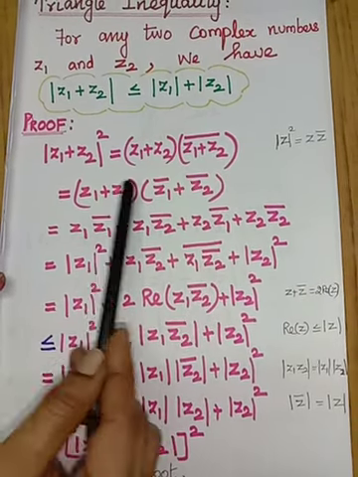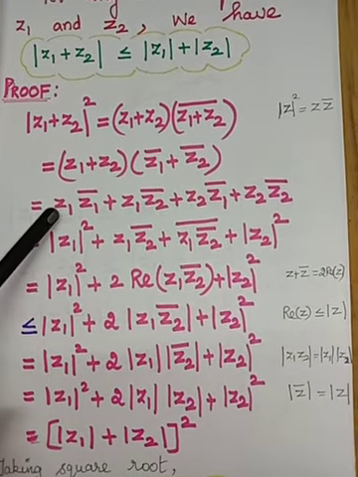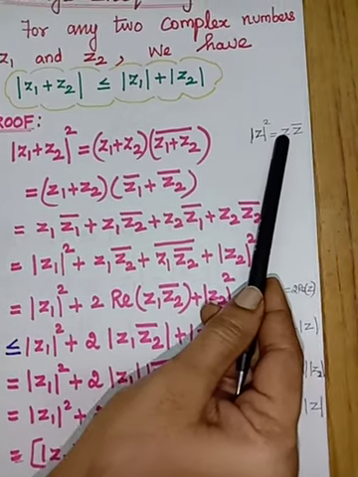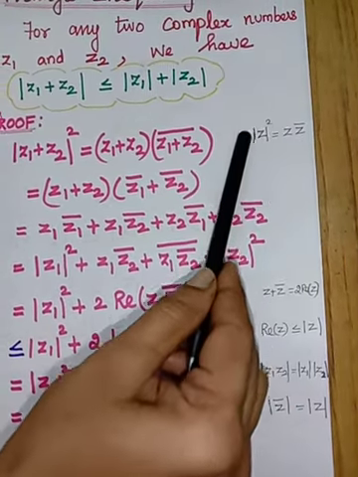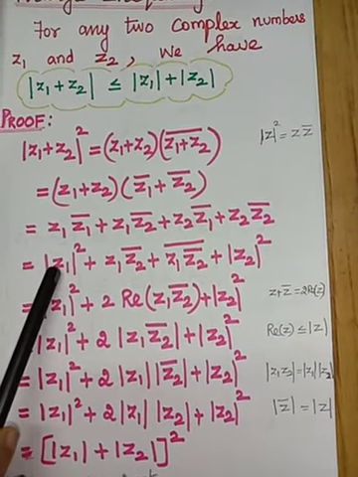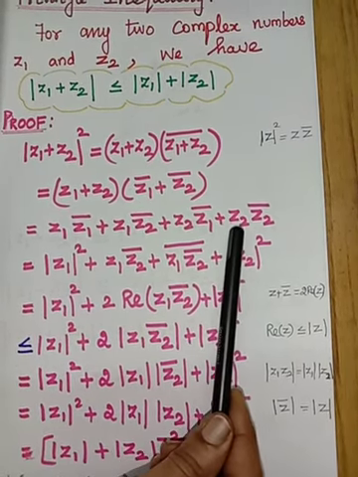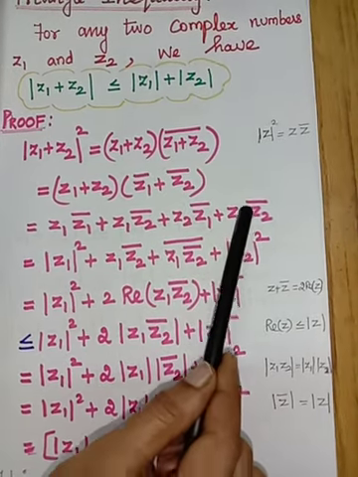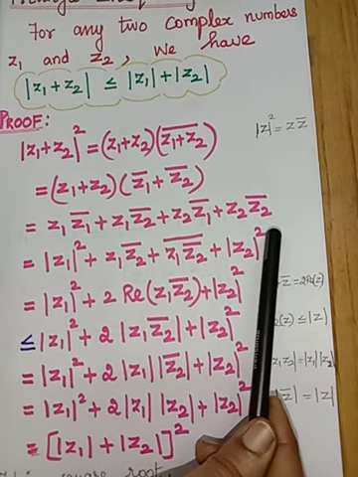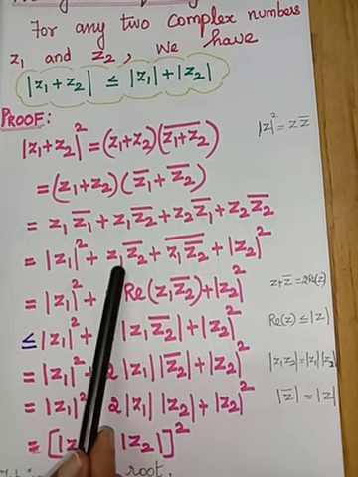Again I am using the formula: z1 z1 bar looks like z z bar, which is modulus of z squared. So here you write modulus of z1 the whole squared. Similarly the fourth term is also in the form z z bar, so the answer is modulus of z2 the whole squared. The second term I didn't change.